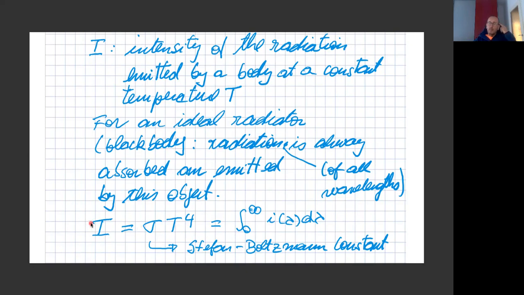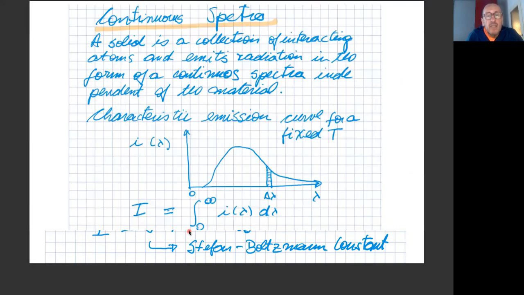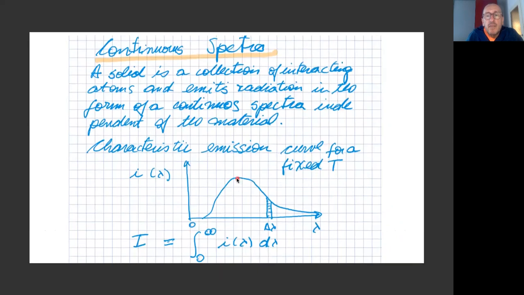This is the type of thing that you see when you heat up a piece of metal, and you see this red color that comes out of warming up the metal. The total intensity emitted is proportional to T to the 4th. The apparent color has to do with where this intensity maximum is. So this graph is for a fixed temperature. If you raise the temperature, you move this maximum to a smaller wavelength.